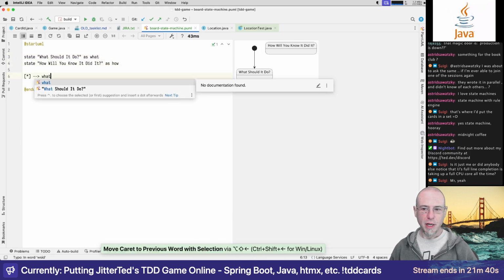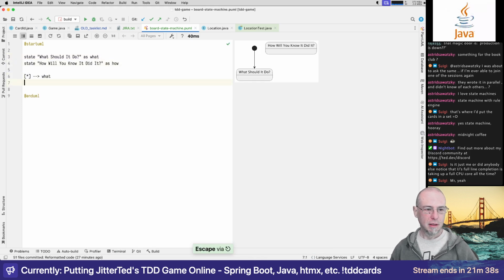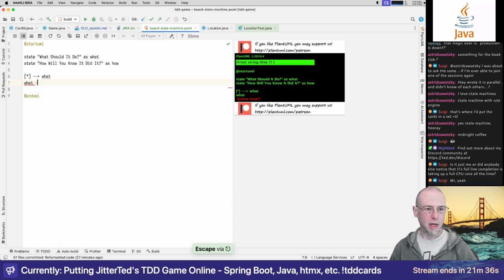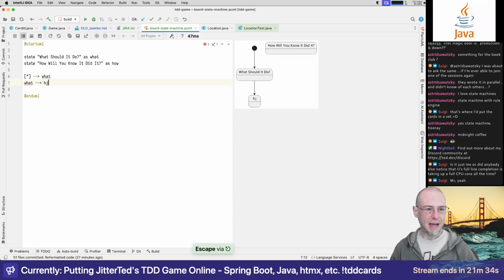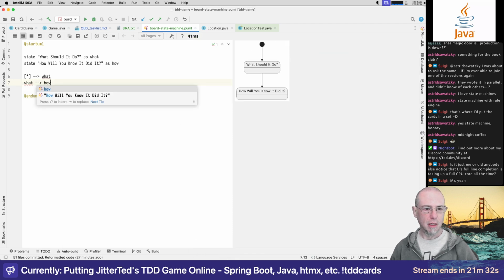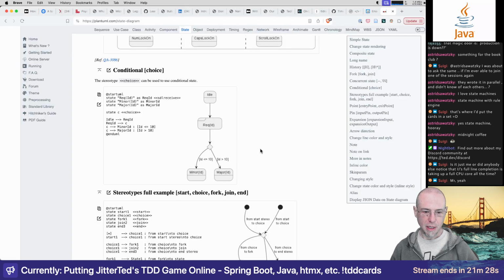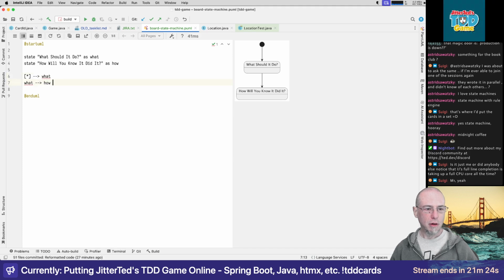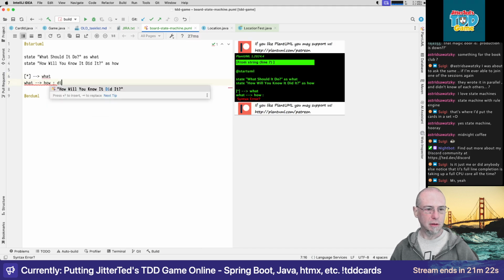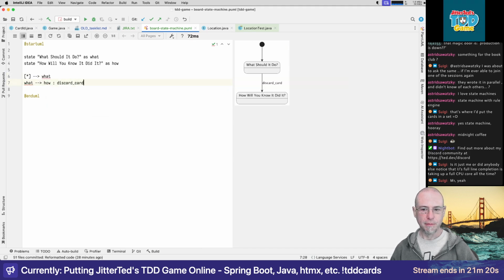So you start off with what, and to transition from what to how, how do I indicate the transition? It's after the colon. So to go from what to how, you discard card. Discard any action card.